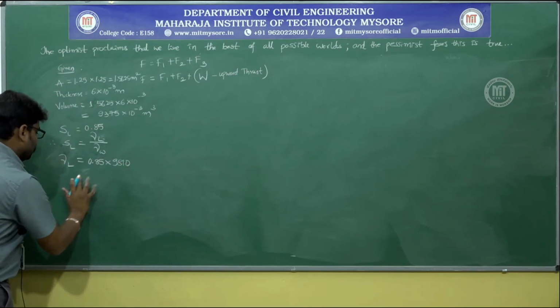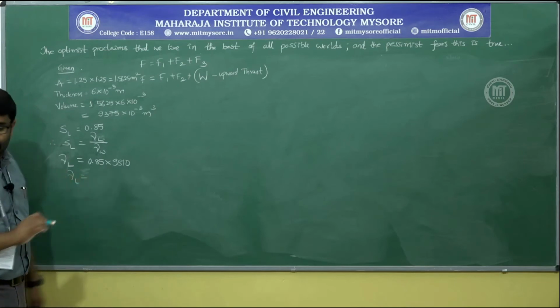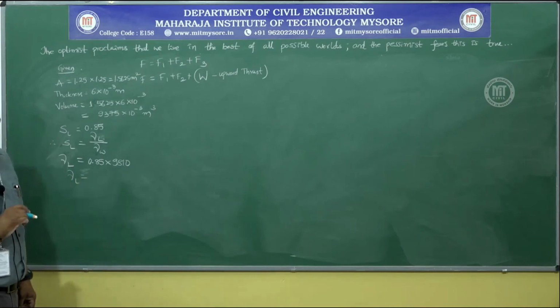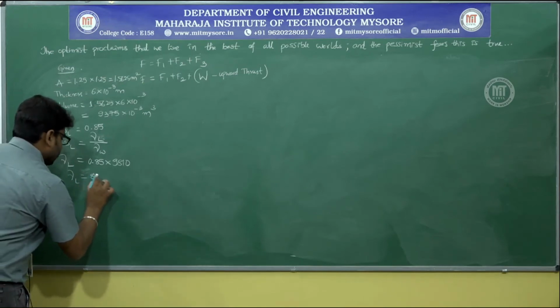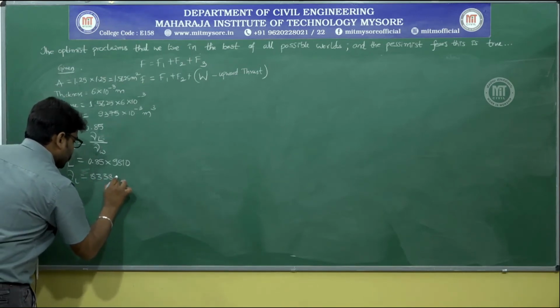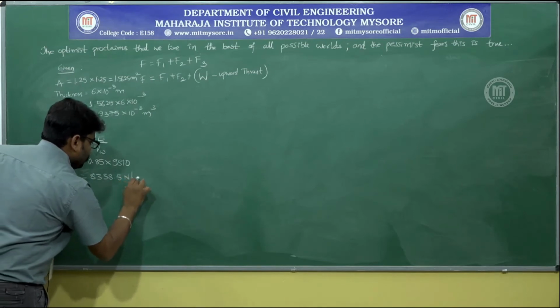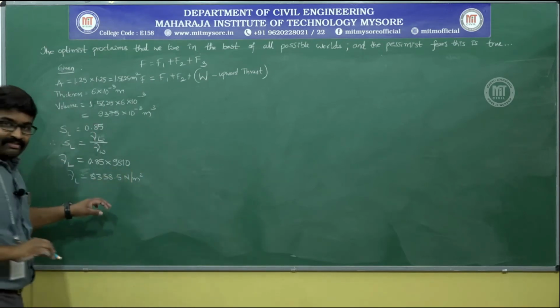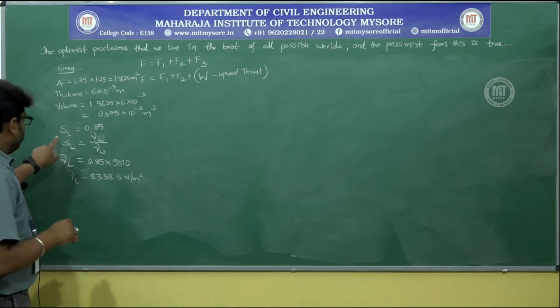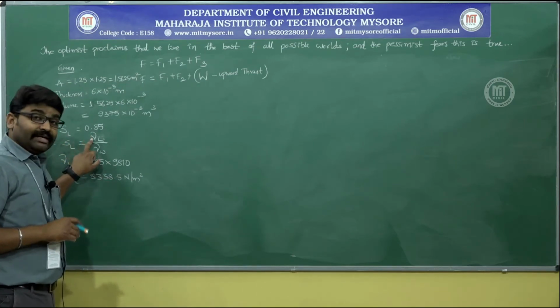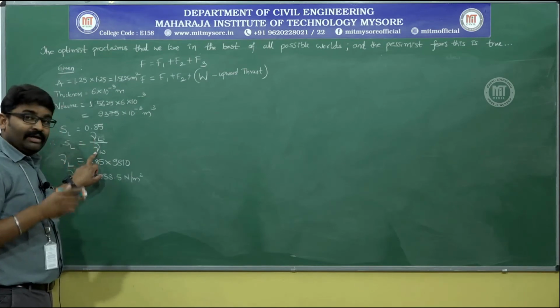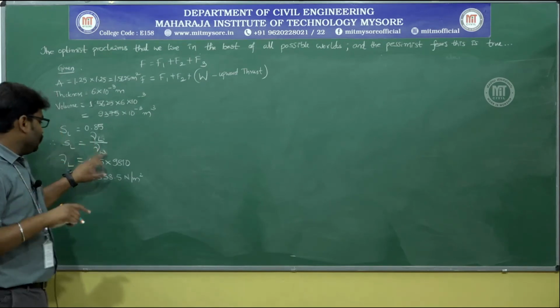In total, specific weight of the given liquid must be equal to 8338.5 Newton per meter cube. I wish to clarify this here itself. I will repeat this. Specific gravity of the liquid is equal to weight density of liquid divided by weight density of standard liquid, that is water.